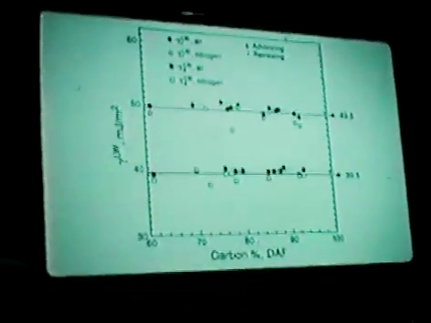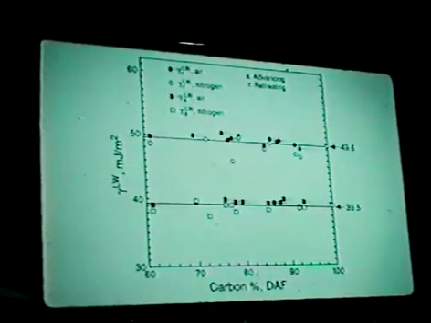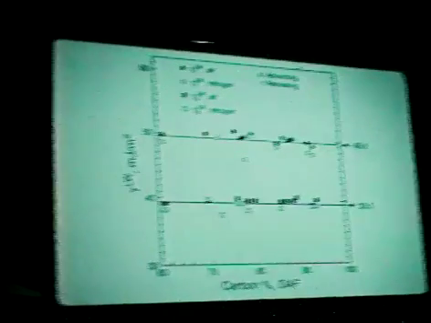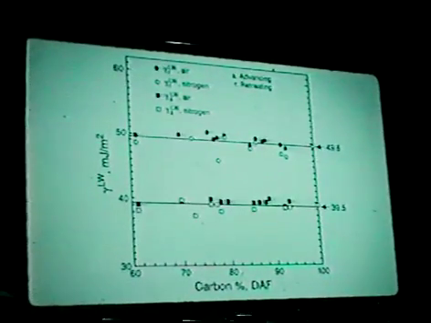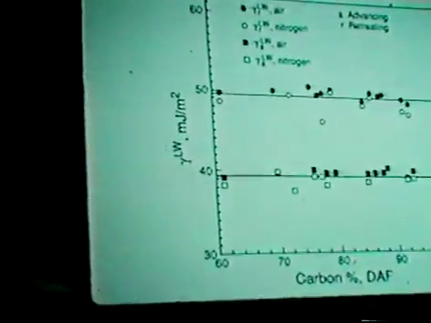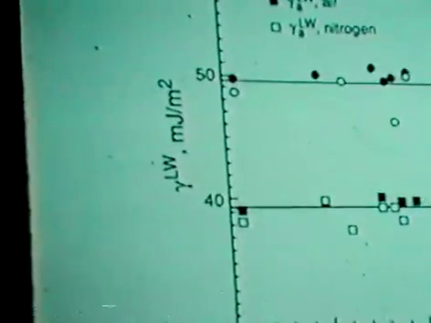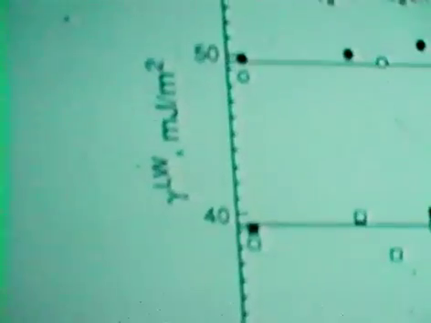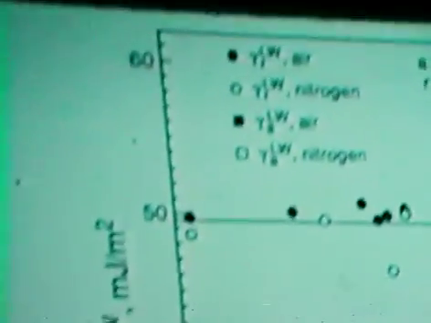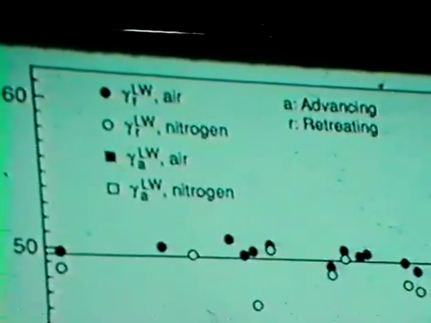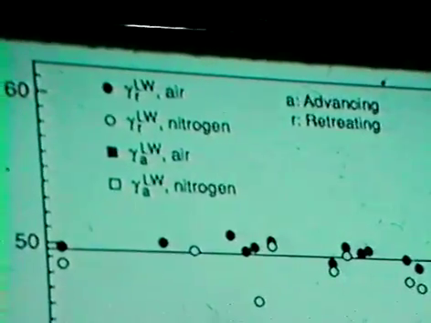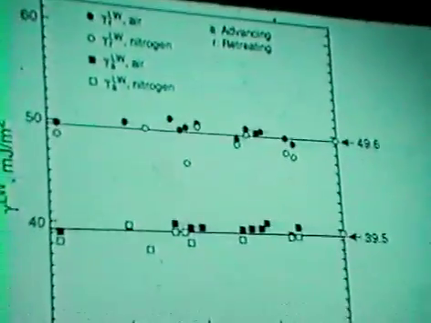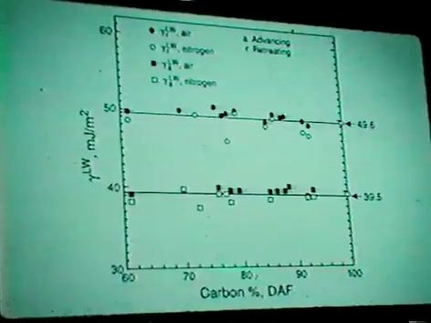I should have shown you this one first, because I usually talk about it first. But this is the apolar component of the surface free energy. And we can see that all of the coals behave quite a bit alike. The two lines are really parallel to each other.